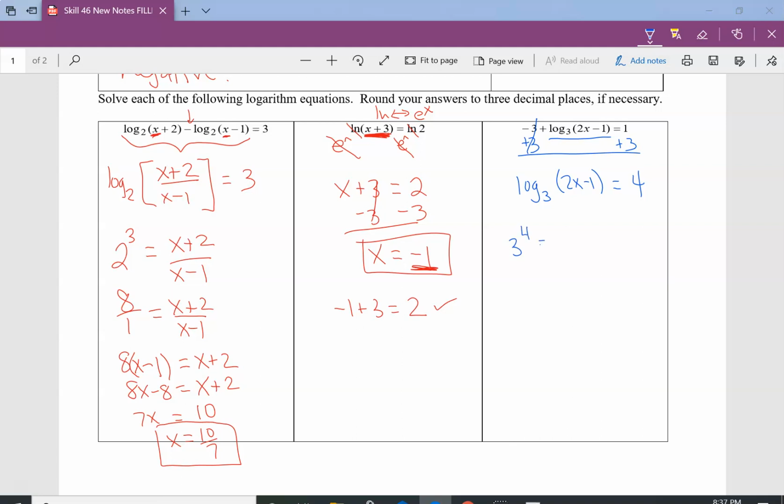So 3 to the 4th equals 2x minus 1. Okay. 3 to the 4th is 81. Whoops, that would have been 82. I'm adding 1. Divide by 2, I'd get 41. Well, 41, when I plug that in here, we're safe. That's going to be a positive value. So far, so good.